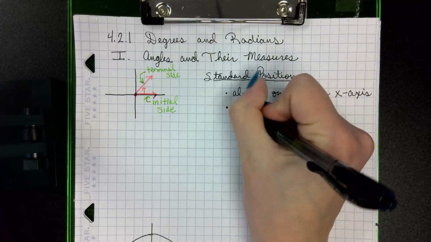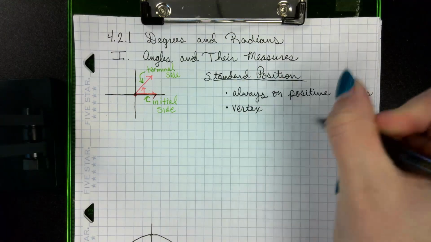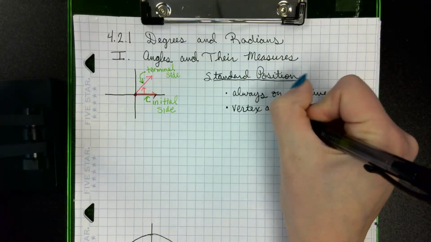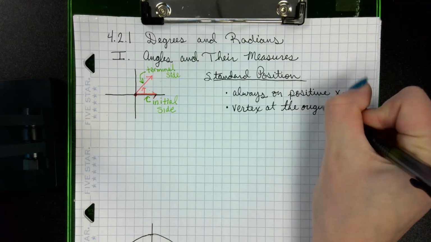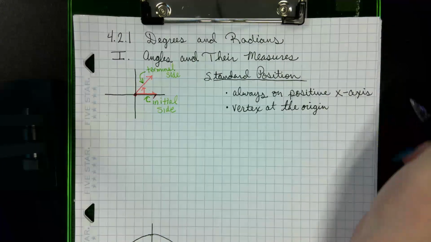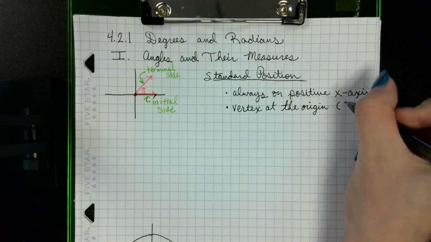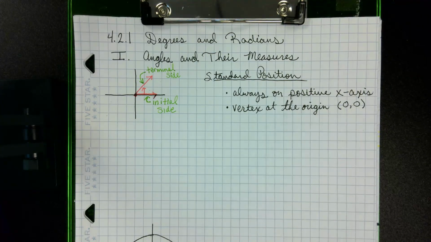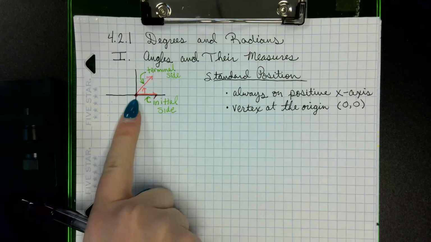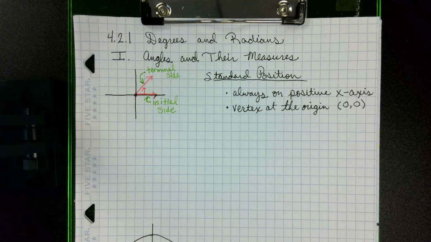And the vertex at the origin. And just to be clear what I mean by the origin, even though I know all of you guys know this, the point 0, 0, that's what I mean by the origin. So the vertex of the angle is at the origin, and the initial side is on the positive x-axis.